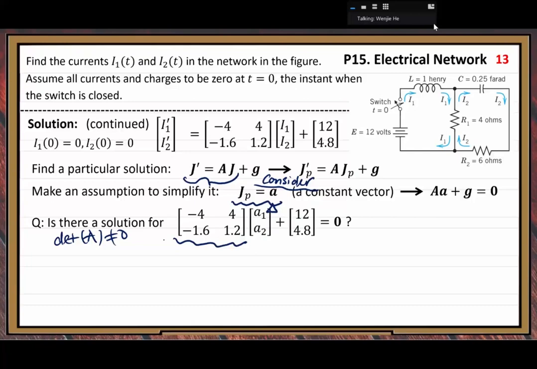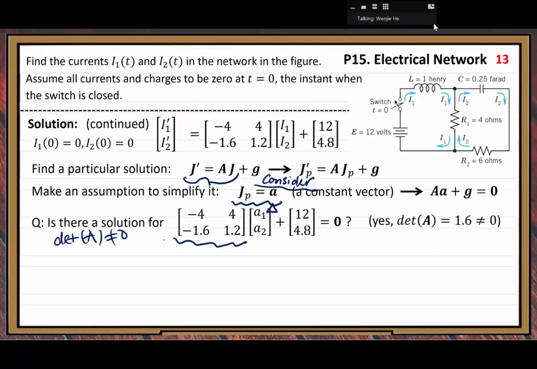So let's do it this way. Here we calculate the determinant of A. It's 1.6, non-zero. Then we know the A matrix is invertible. Next, we need to find the inverse of A, because we need to multiply by A inverse.